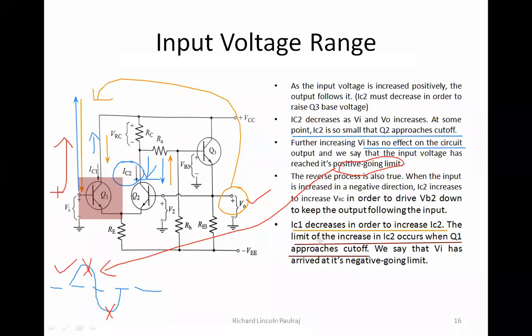So when Q1 goes into cutoff, we can say that V high has arrived at its negative limit. So this region is what I'm talking about. So it has reached its maximum negative limit. So have you all understood this concept? Yes, sir.